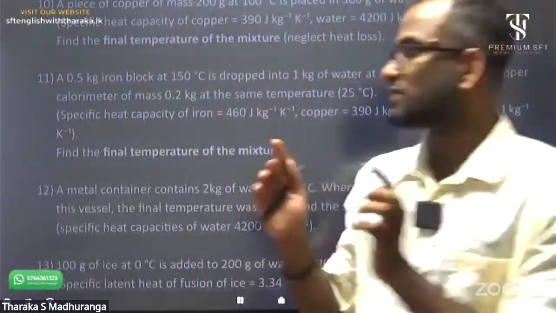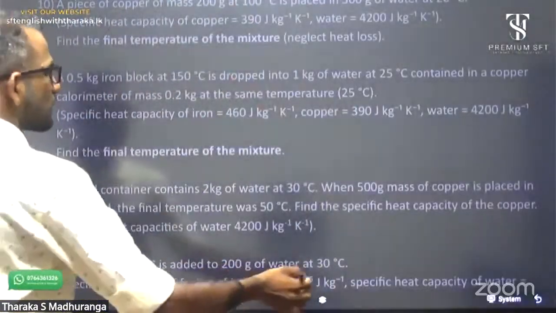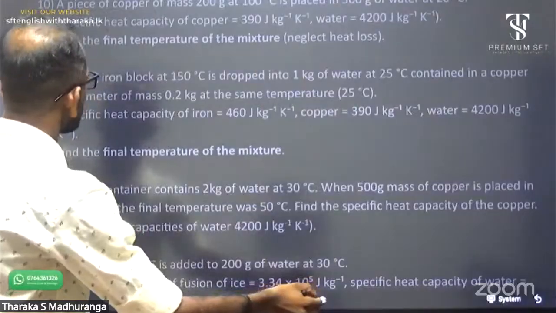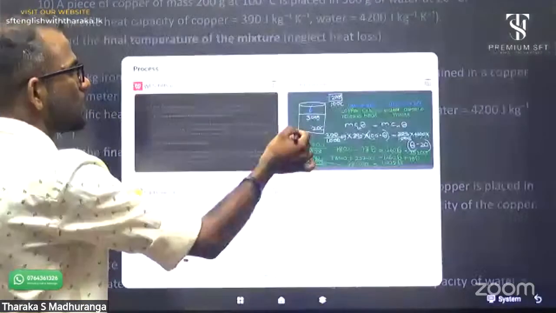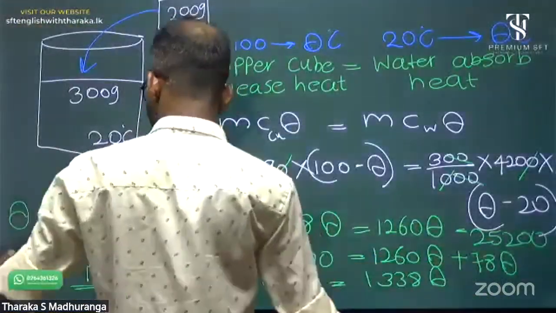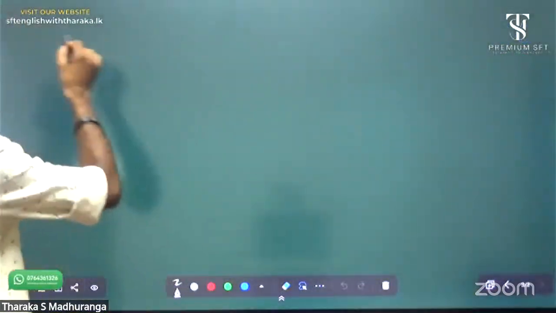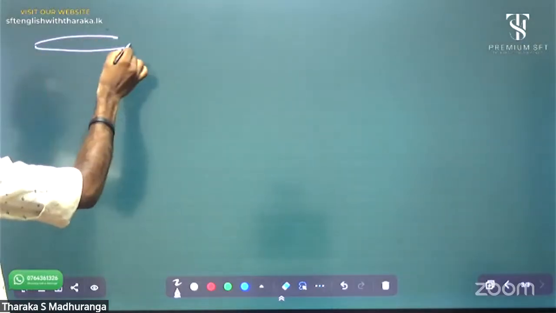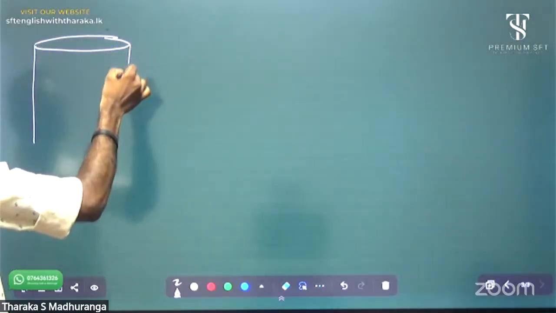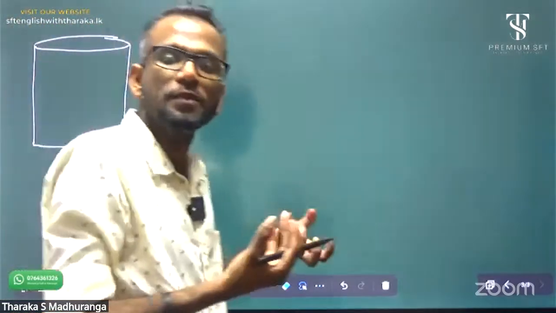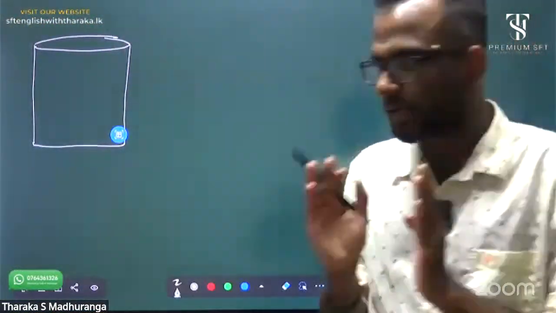Now it is a little bit different, you have to be careful. Now this is a water container. You have to consider the container as well, because the container also absorbs some heat. Carefully understand.